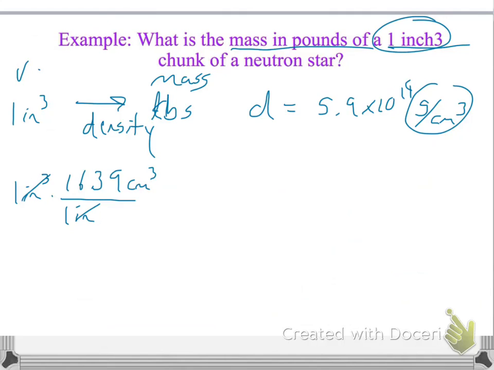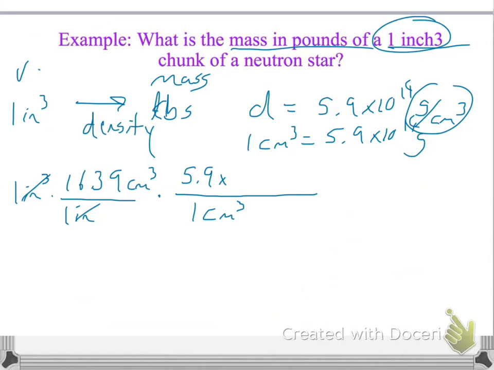Now this density is an equality, so that means that 1 centimeter cubed of this neutron star is equal to 5.9 times 10 to the 14th grams. We can put that into our problem. So now our units of centimeters cancel out, and we're left with a unit of mass, which is what we're trying to get to, but we need it in pounds.